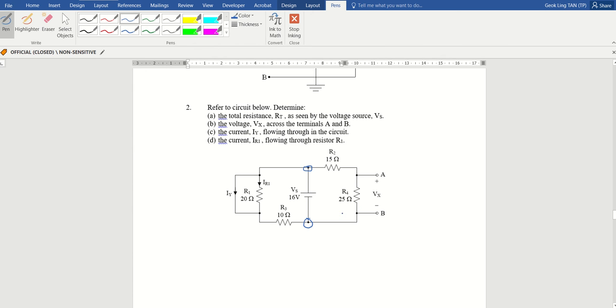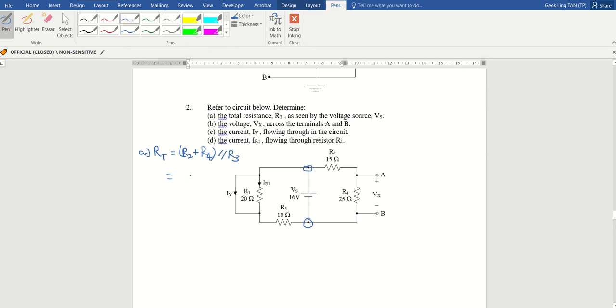So R2 in series with R4 is in parallel with R3. So RT is therefore R2 plus R4, the whole thing in parallel with R3.